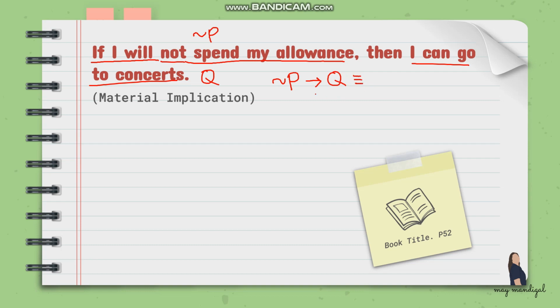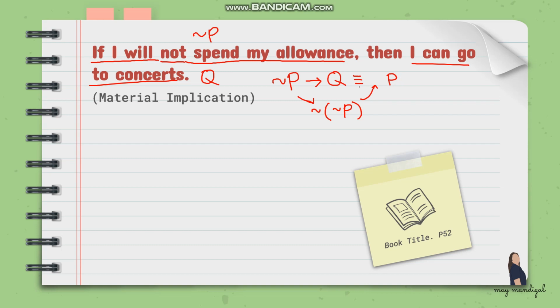Since we have to negate our antecedent, and this one is already a negation, we have a double negation. So not of not P is equal to P, the original statement itself.